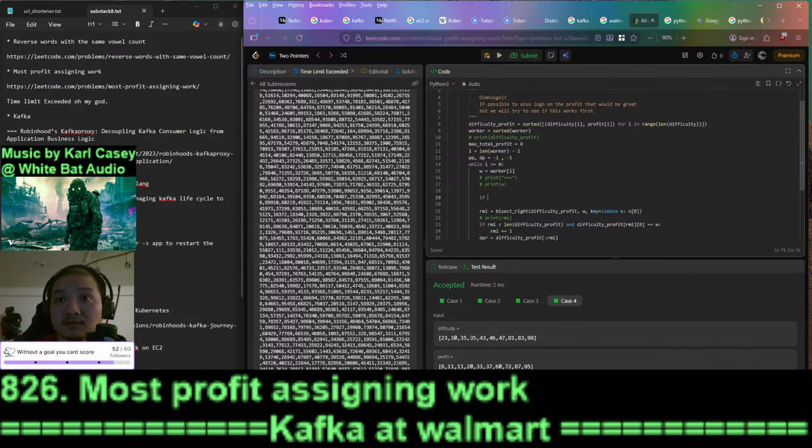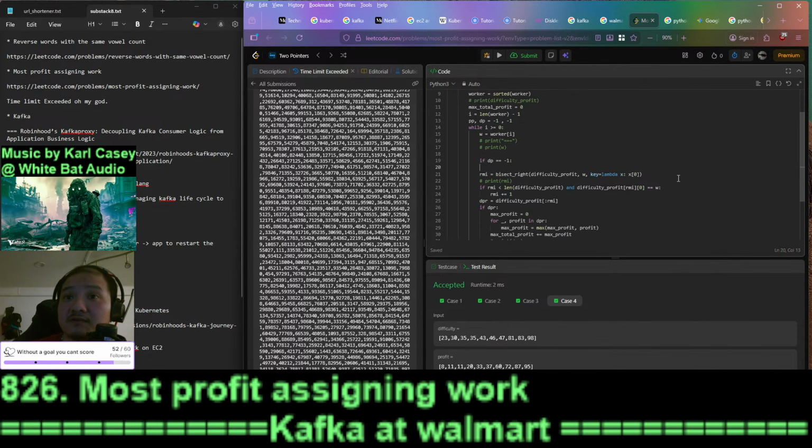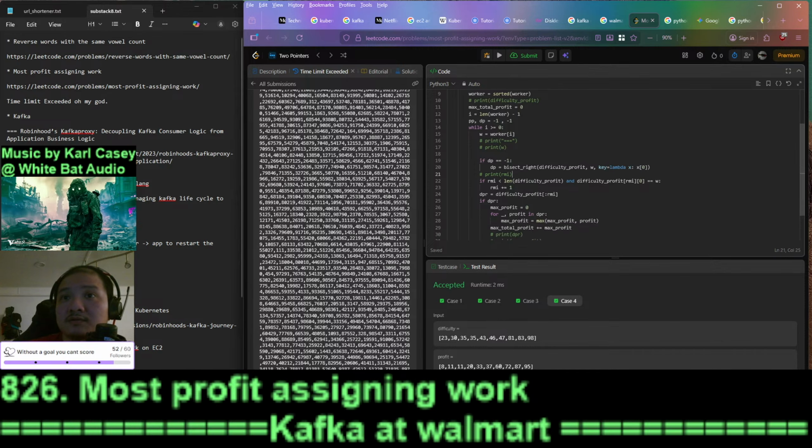Hold on. Difficulty pointer equal to -1, that means the first value ever, then it's gonna be this, right? So if DP is this and DP0, whatever it is, right?